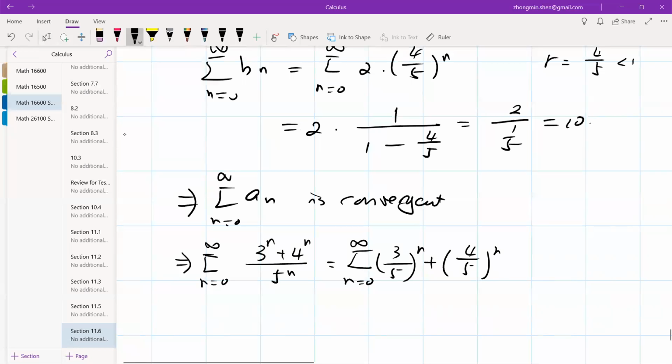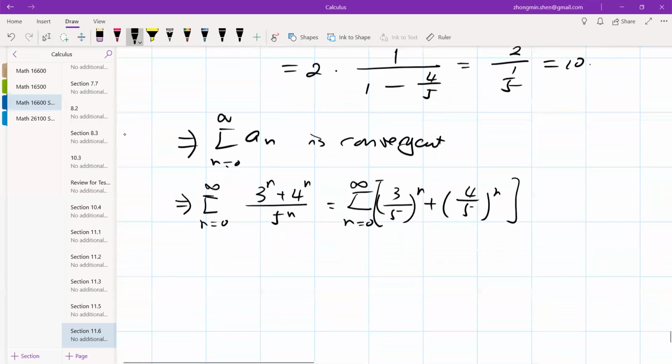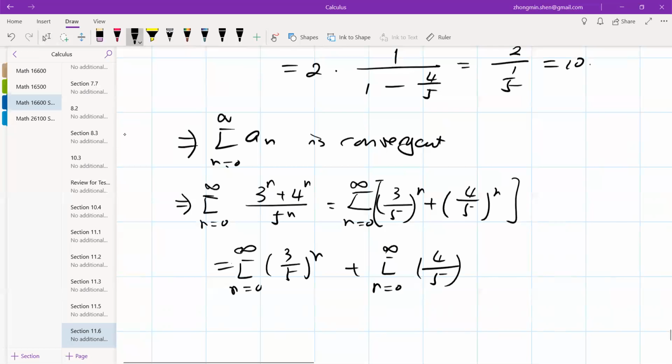This is actually the sum of two series, and each series is a geometric series. So you can separate, it's just like an integral. 3 over 5 to the power n plus 4 over 5 to the power n, and you can evaluate.